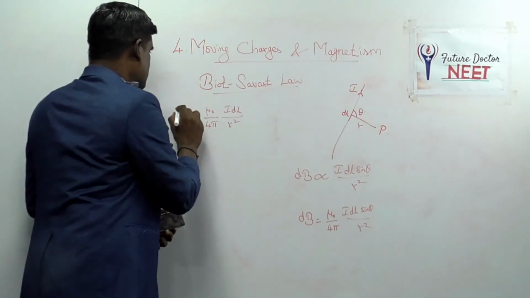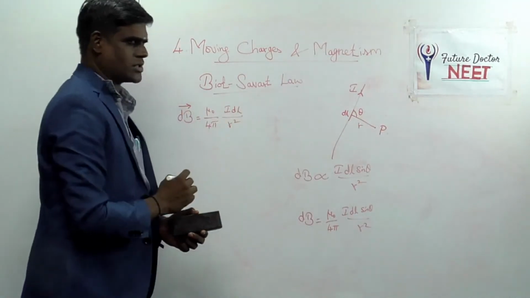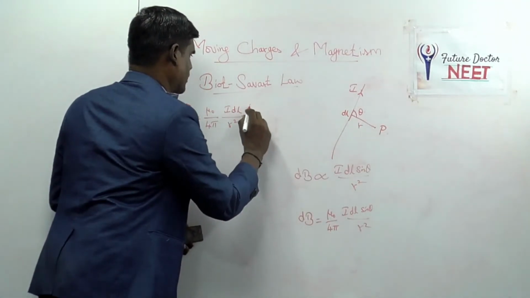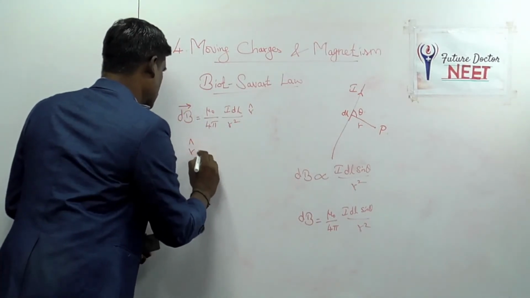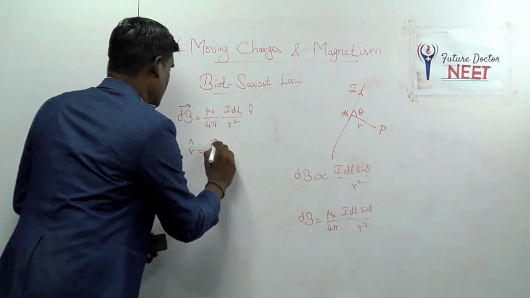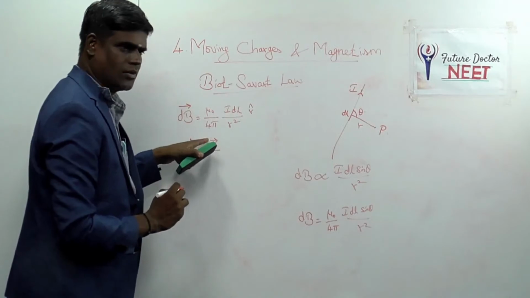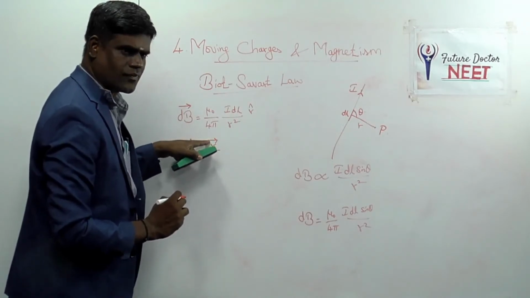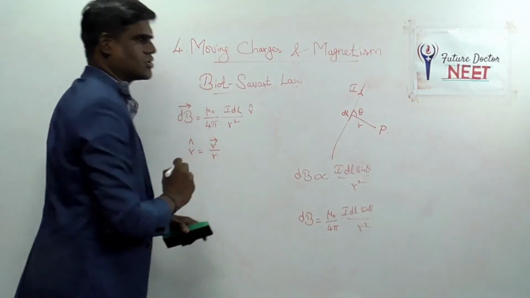And this dB is a vector quantity. Here we want to introduce a vector, r cap, which is a unit vector. r cap equals r vector divided by modulus r.